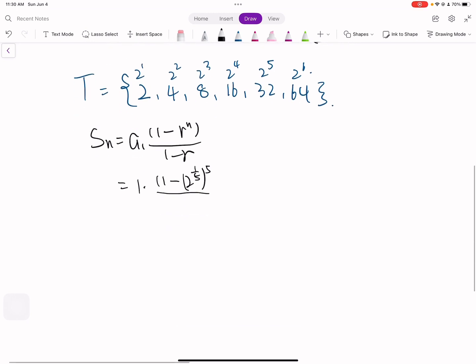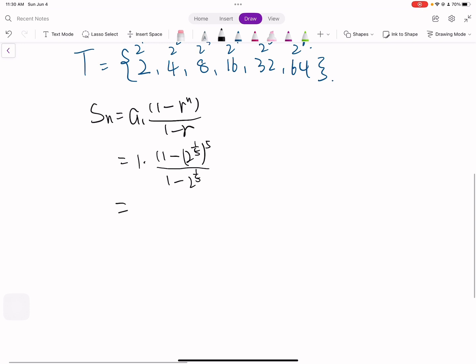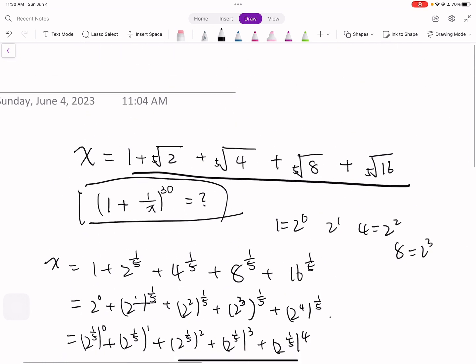And then it's over 1 minus r. R is the common ratio, so that's 2 to the power of 1/5. So here it is just 2, right? Which equals 1 minus 2 over 1 minus 2 to the power of 1/5. Alright, so let's get back to this part.